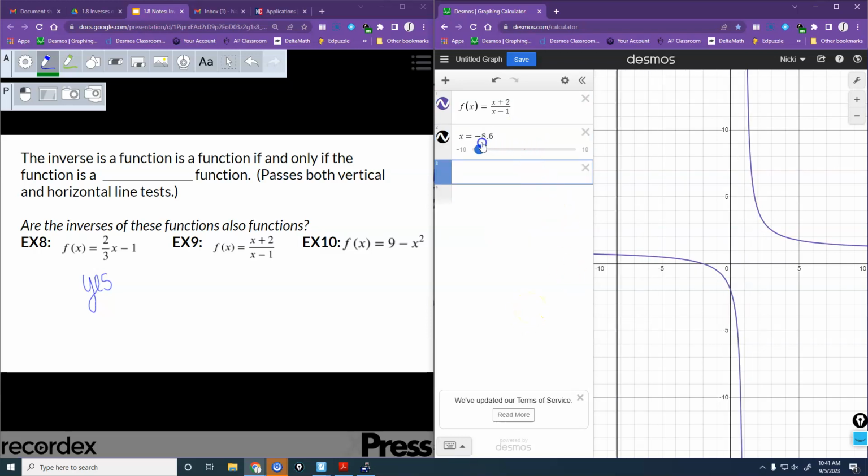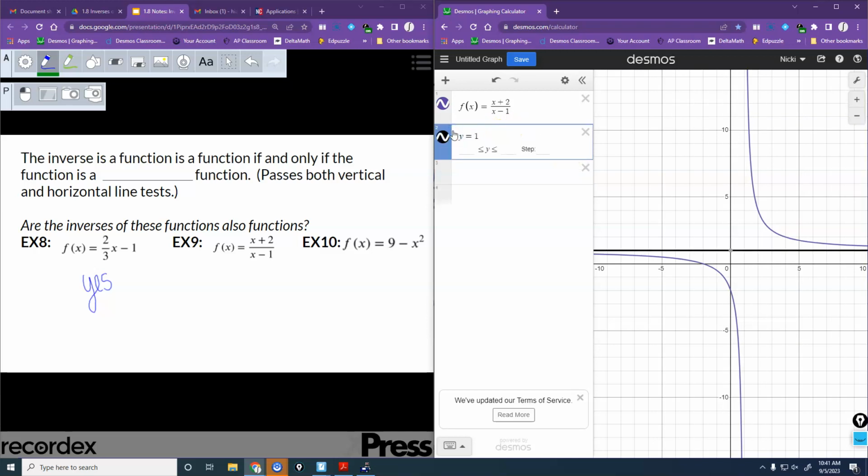All right, so here's a vertical line. We only hit once. It's a function. Okay, let's do the horizontal line test. Okay, we're only hitting once down here. I can't go any further than that, but I think I'd only hit once.